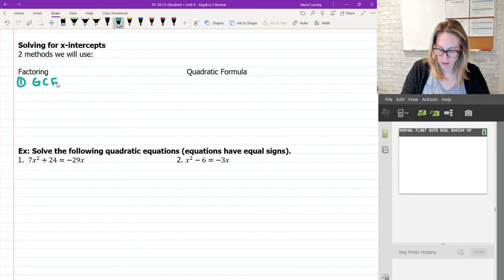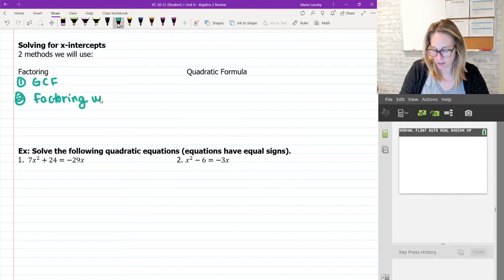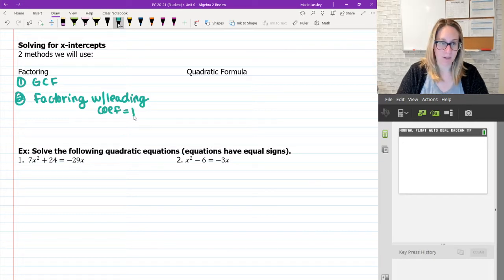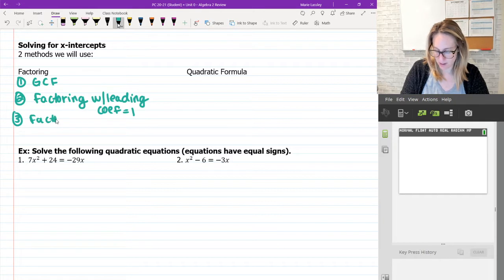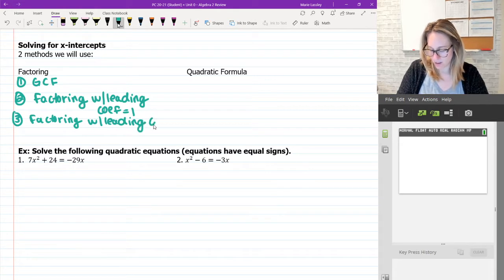We have the second method, which is factoring with leading coefficient equaling 1. We have factoring with leading coefficient not equaling 1.